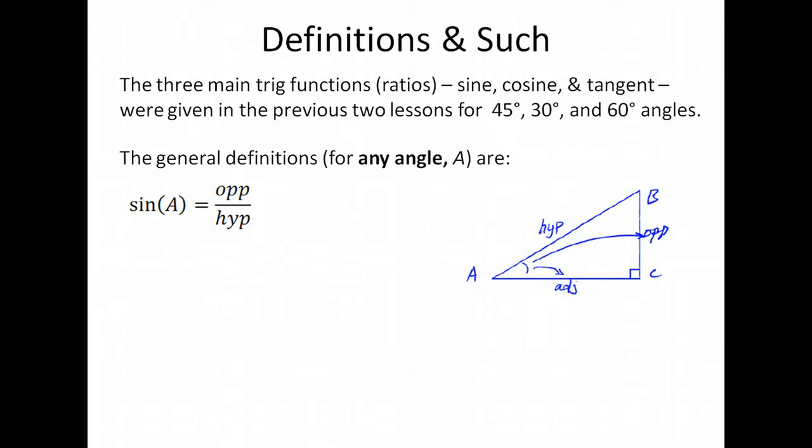The adjacent leg is going to be the leg AC, and the hypotenuse will always be AB in this particular case. The next ratio is the cosine, and the cosine of angle A is always defined as the adjacent leg divided by the hypotenuse. And then lastly we have the tangent of A, which is the length of the opposite leg divided by the length of the adjacent leg.